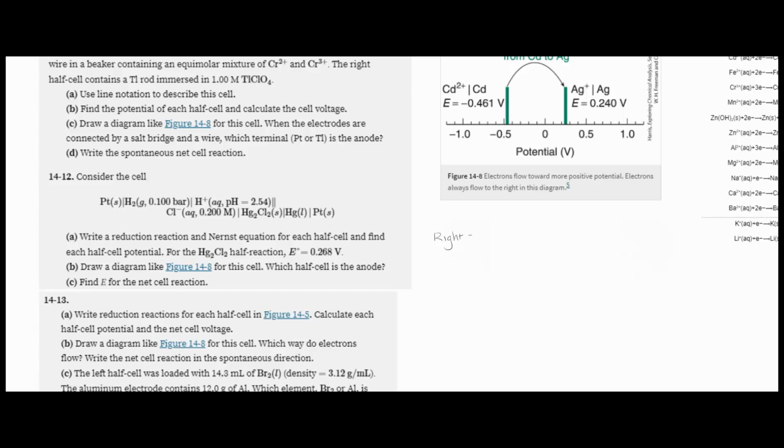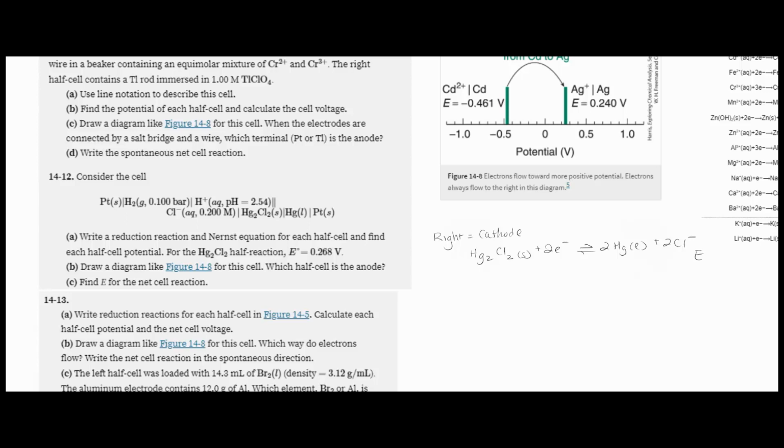The right half is the cathode, and that's going to be Hg2Cl2 solid plus 2 electrons in equilibrium with 2 Hg liquid plus 2 Cl minus.